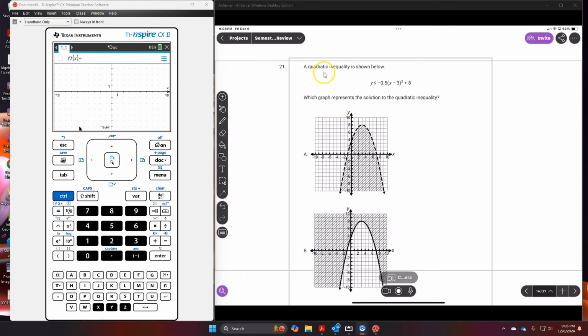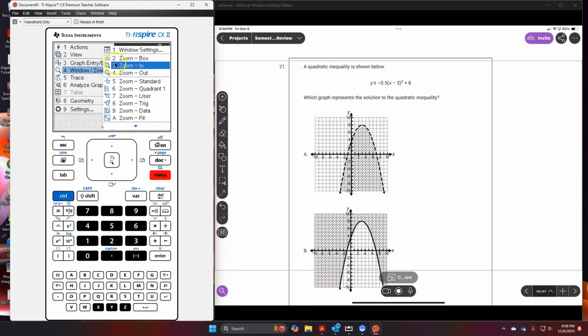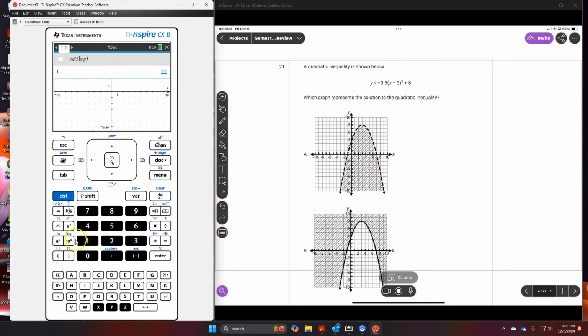It says a quadratic inequality is shown below, which represents the solution to the quadratic inequality. So go to menu, graph entry, and relations. So I have y is less than or equal to negative 0.5 parentheses x minus 3 squared plus 8.